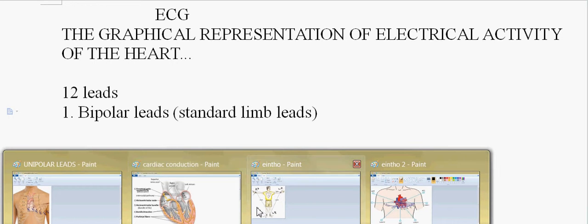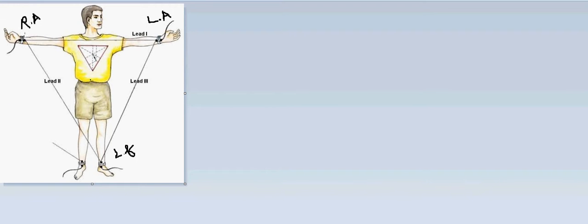And these limb leads are placed only on the limbs of the human body. So for example, we have 3 leads which denote the bipolar leads: limb lead 1, limb lead 2 and limb lead 3. Here is limb lead 1, which is placed from right arm to left arm, and we have limb lead 2 over here, which is placed from right arm to left foot, and limb lead 3, which is placed from left arm to left foot.